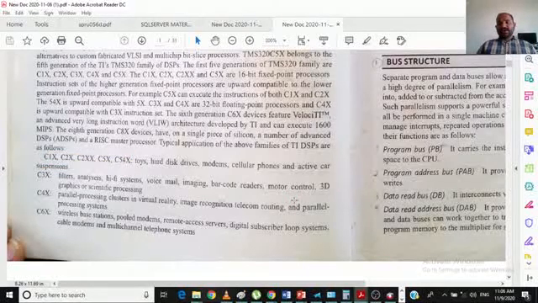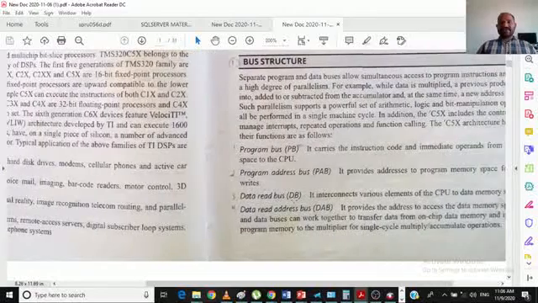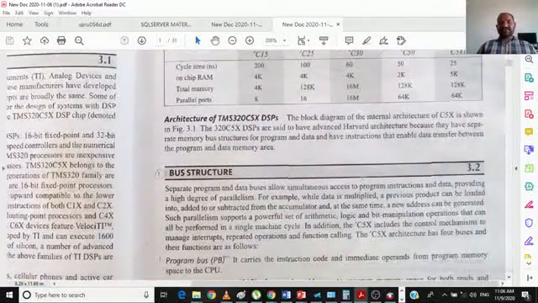Now let us go for the internal architecture of the DSP processor. Before going into a detailed explanation of the internal architecture, when you are taking a particular architecture, there are two types, based on the designing of the architecture of a particular processor.